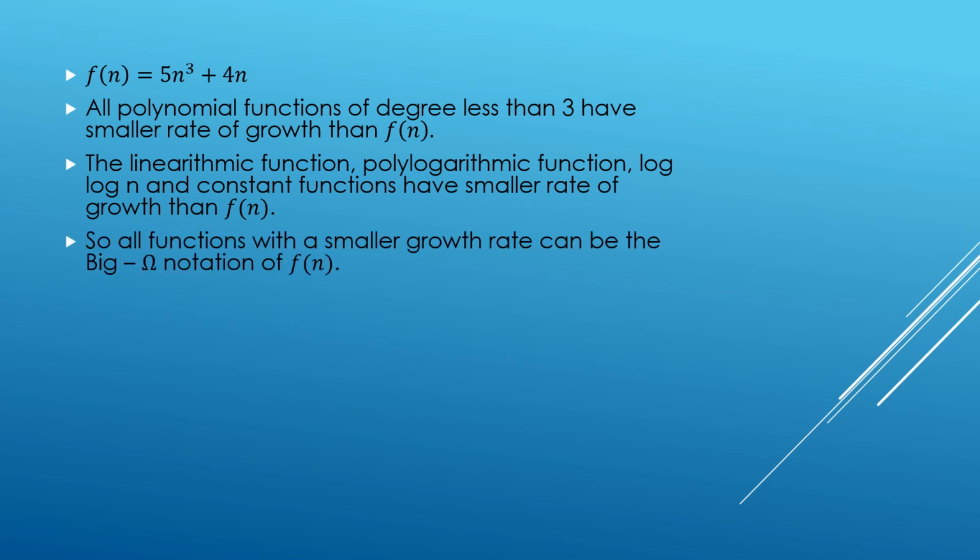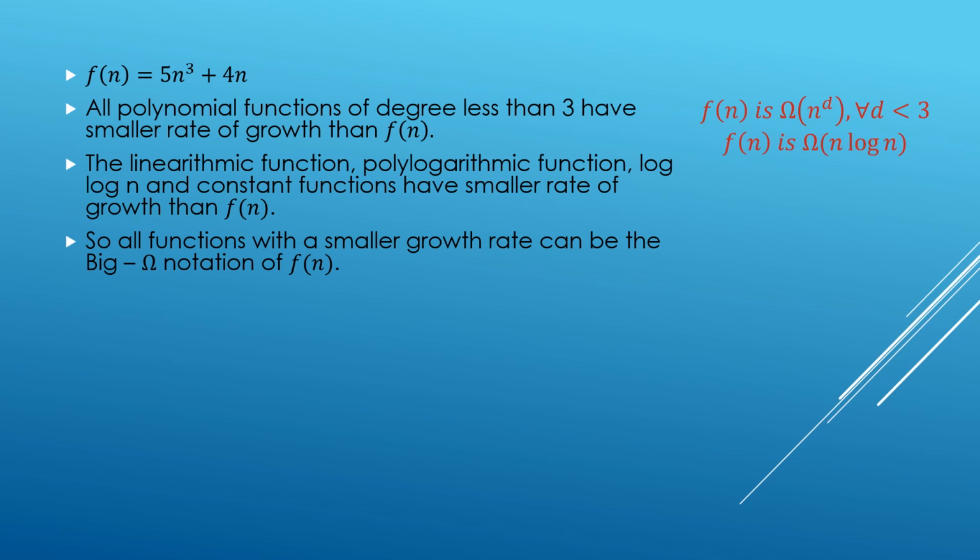So all functions with a smaller growth rate can be the big omega notation of F(n). It is mathematically correct to say F(n) is omega of n raised to d, d less than 3. Here n raised to d represents polynomials of degree less than 3.